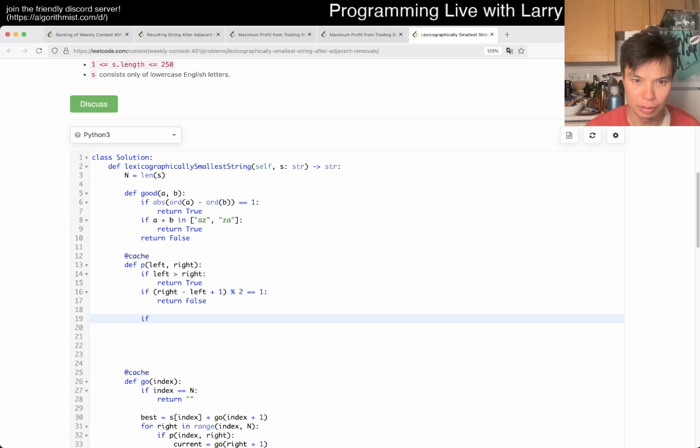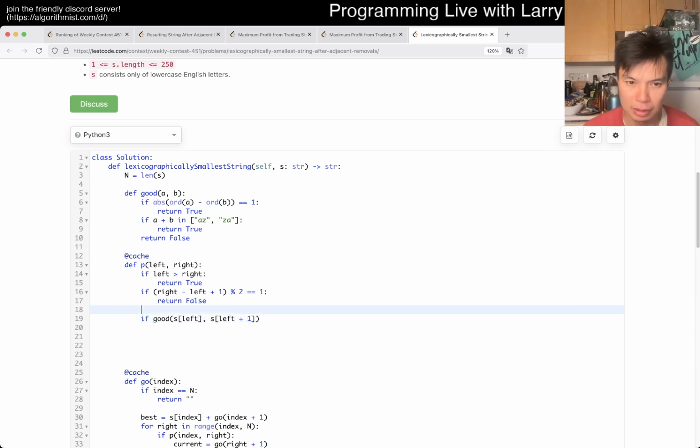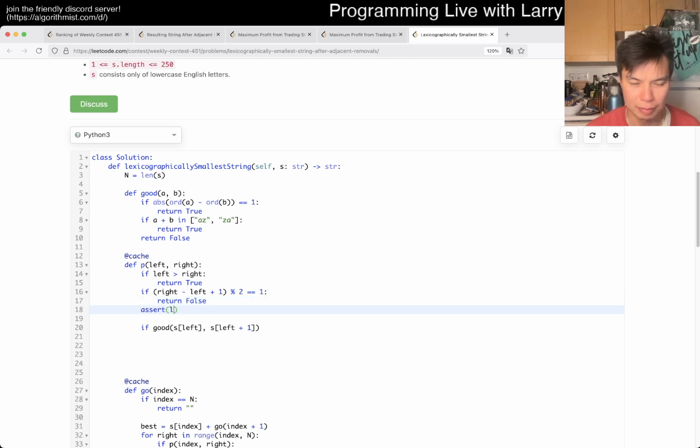Otherwise, then now we go if good s sub left +1, assuming that this has at least 2 characters, right? Is that true? Right, let's assert that right minus left is greater than or equal to 1. Okay. So if this is good, and p of left +2, then we return true.